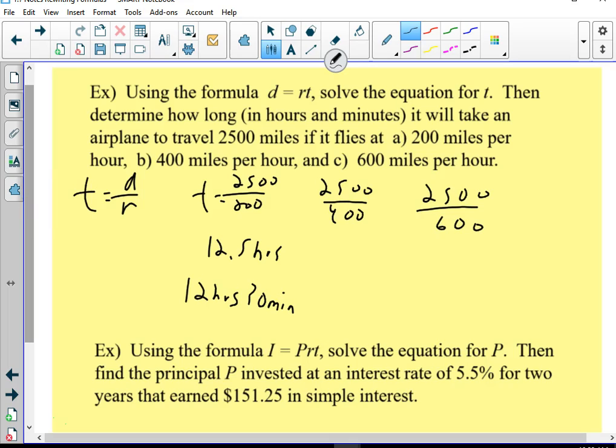Okay? 25 divided by 4. It's going to be 6.25 hours. Okay? So that's 6 hours. And what's 0.25 of an hour? How many minutes is that? 1/4 of an hour. 15 minutes.